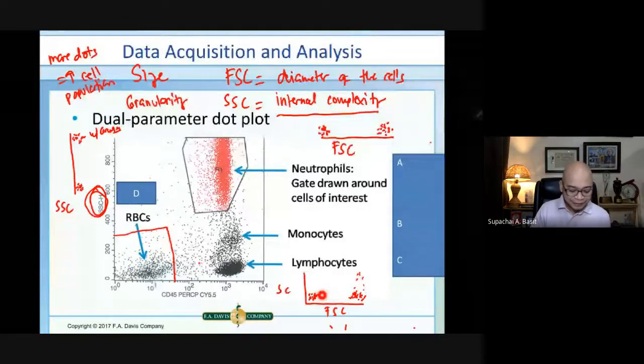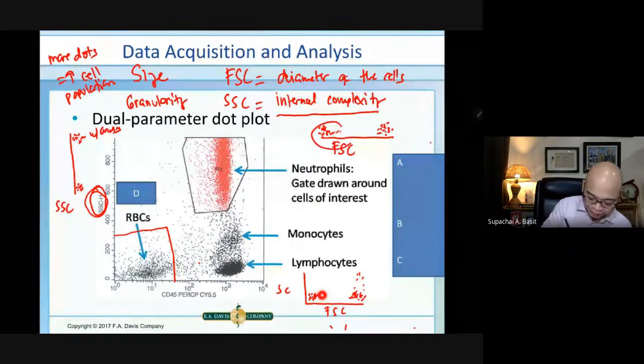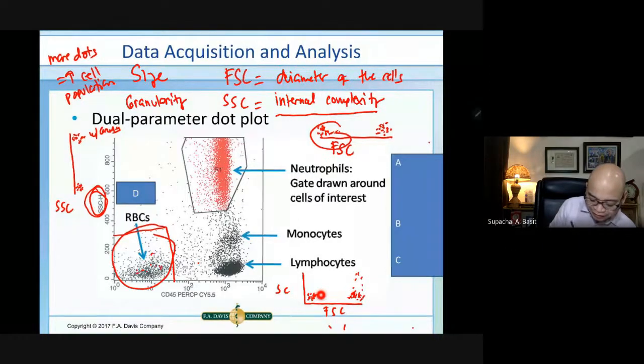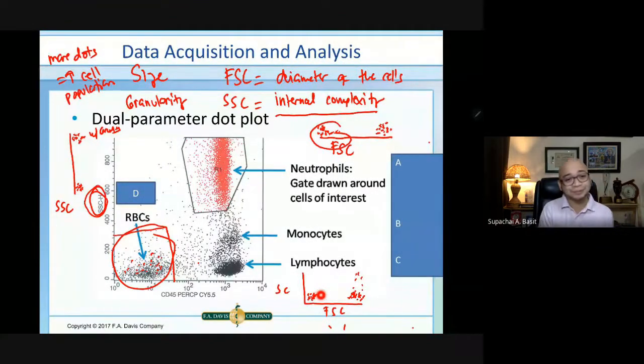And then in terms of size, RBCs are smaller than WBCs. So that's the reason why nasa bandang dito lang siya. Nandito lang siya because in terms of size, it is smaller. So it doesn't have granules and it's small.